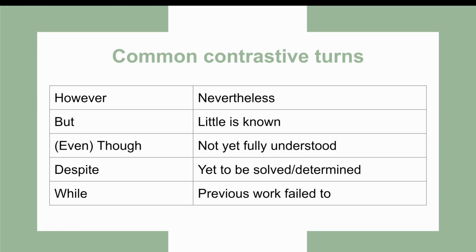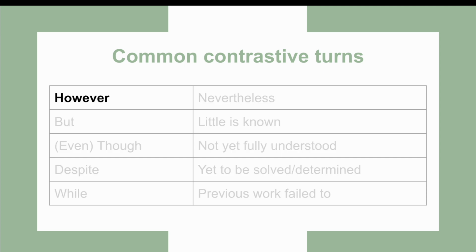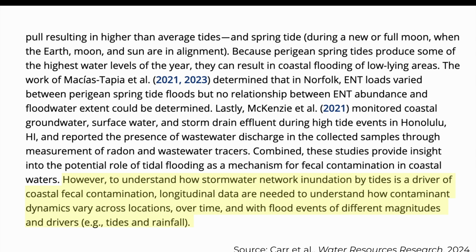To state the gap, we recommend using a contrastive turn word to make it clear for readers. Common ones include however, but, though, not yet fully understood, and other similar words and phrases. However is definitely the most common. In our example journal article, the authors state their gap clearly after the end of step 1.